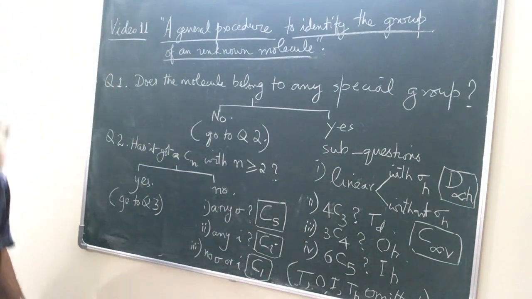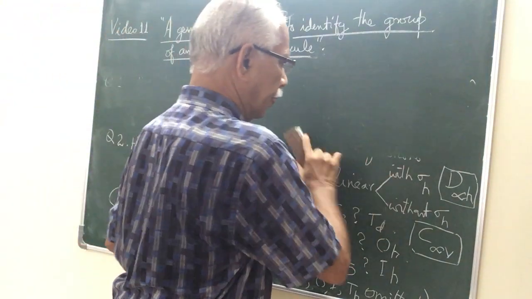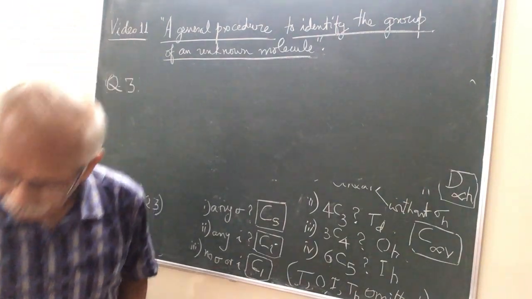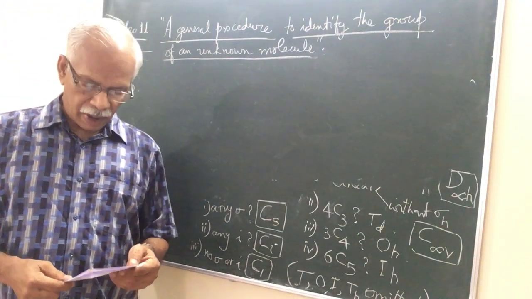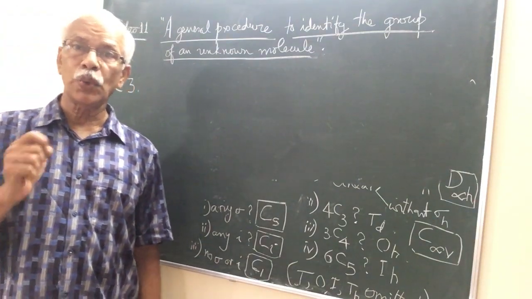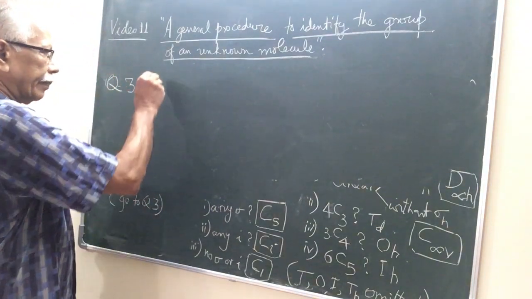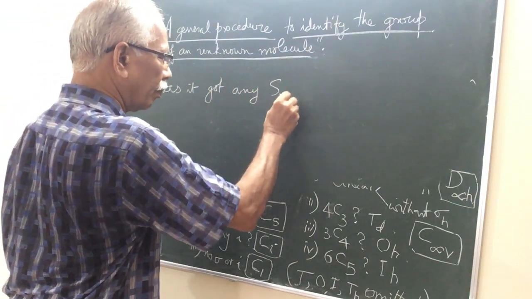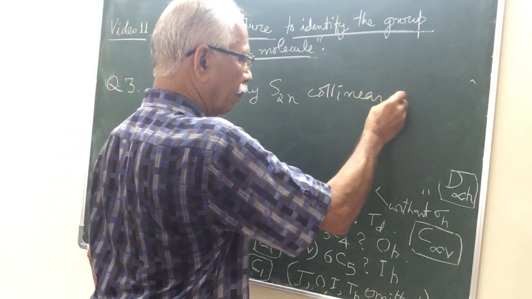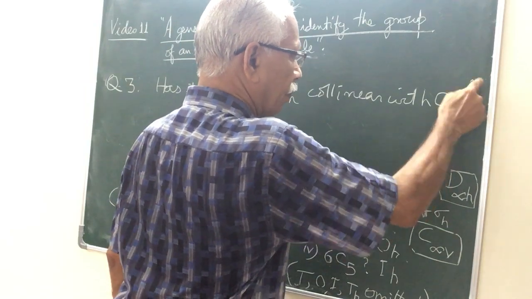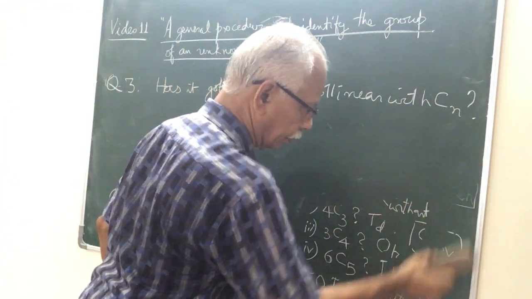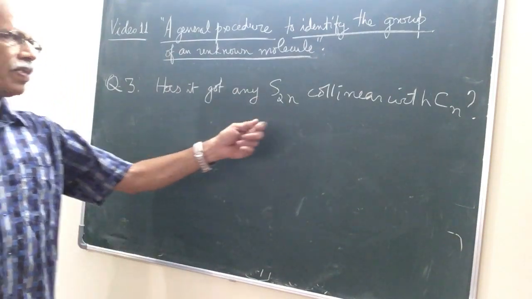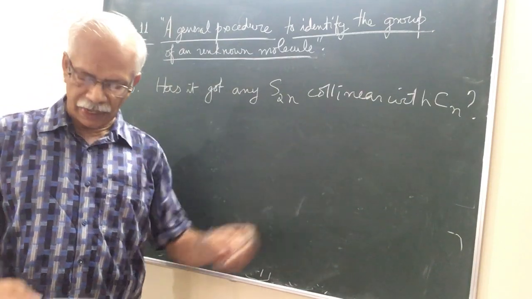Question 3. Has it got an improper axis of symmetry S2n collinear with Cn?